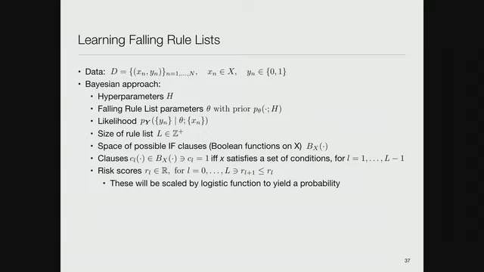And then for each clause, they calculate a risk score, which is generated by a probability distribution under the constraint that the risk score for the next clause is lower or equal to the risk score for the previous clause. Okay?